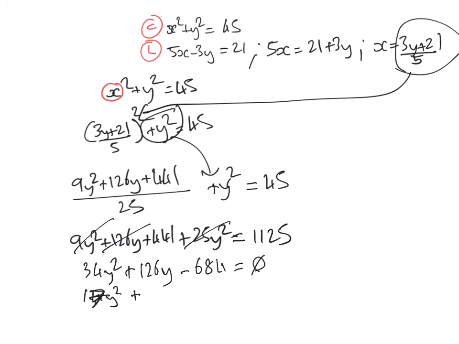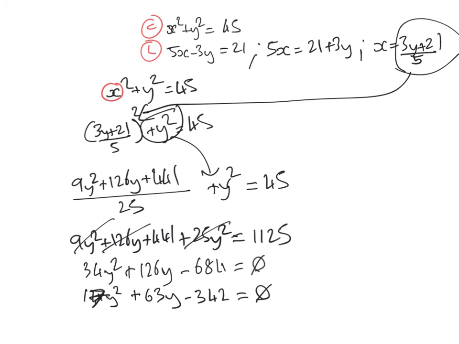If you divide this by 2, you get 63y, and if you divide that by 2, you get minus 342 equals 0. And 17 is a prime number, and it certainly doesn't go into 63, does it? No. Does it go into 342? Who knows? But it's so horrible.